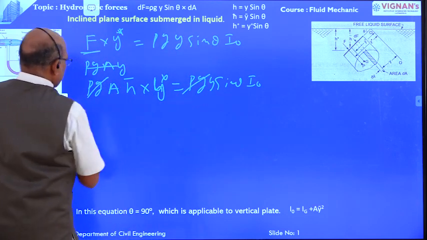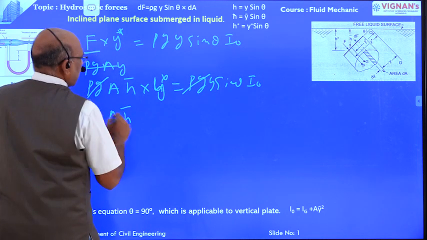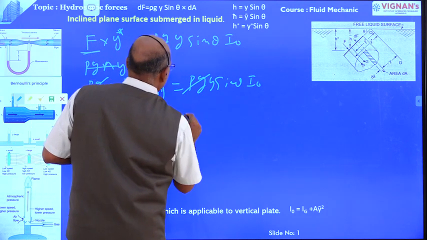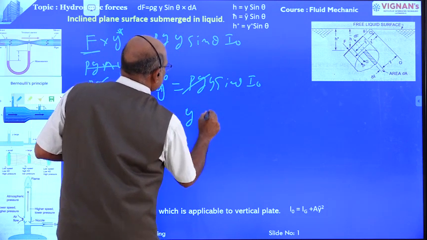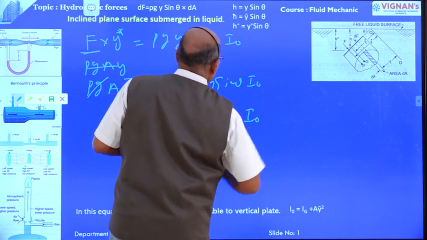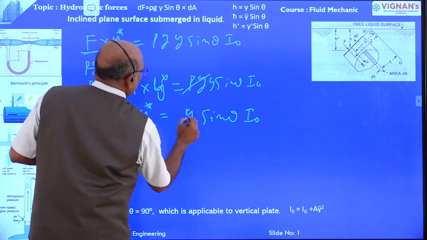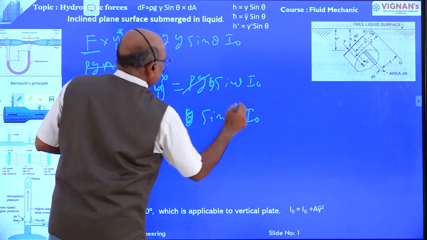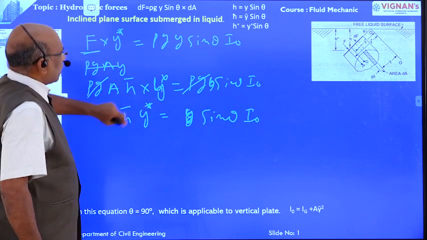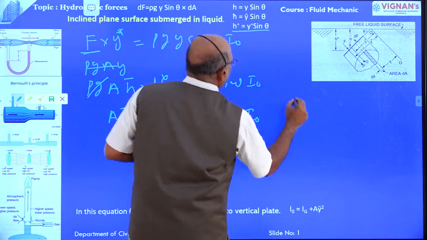Rho g gets cancelled. So a h bar into y star is equal to sine theta into I0. Now y star is also h star divided by sine theta, since h star is equal to y star sine theta.